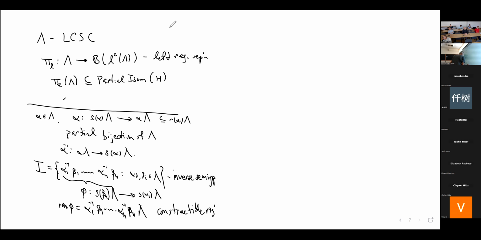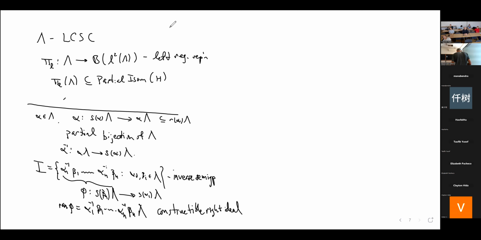This is Lee's terminology. For a general lambda, these can be very complicated, and so a specific example you might try to work with might be difficult to analyze, because these could be of arbitrarily long length.